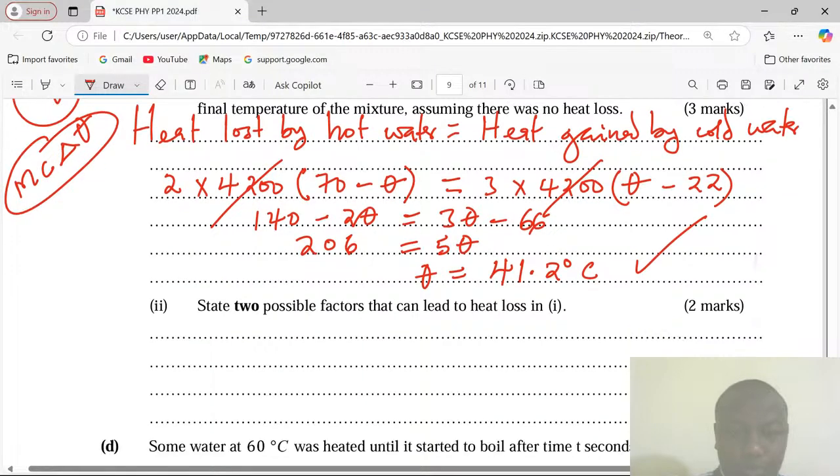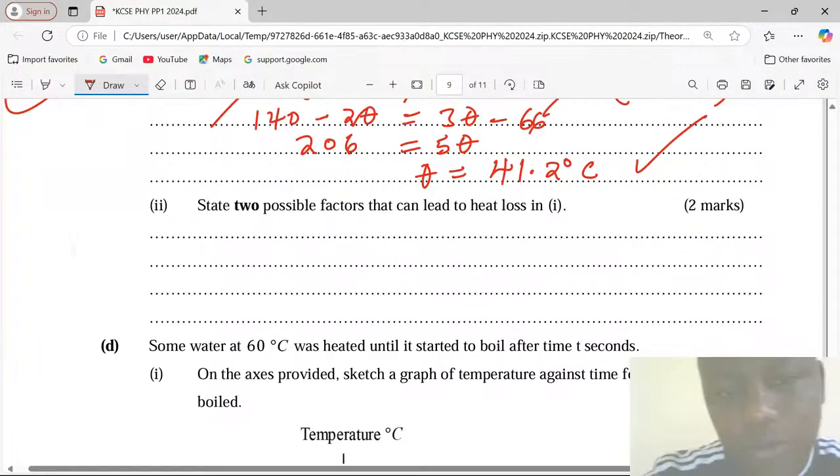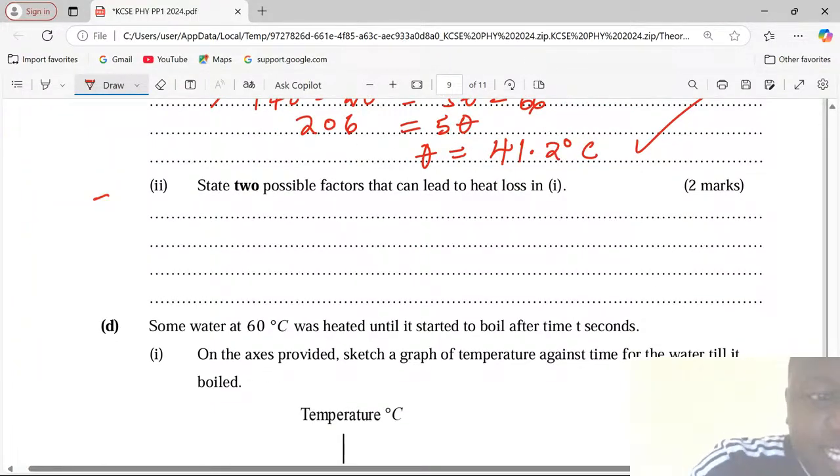State 2 possible factors that can lead to loss of heat. Remember, water is in a container, so the container is absorbing some heat, but we are neglecting that. We are taking it as a negligible value.